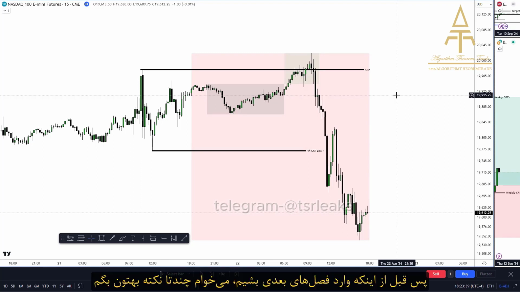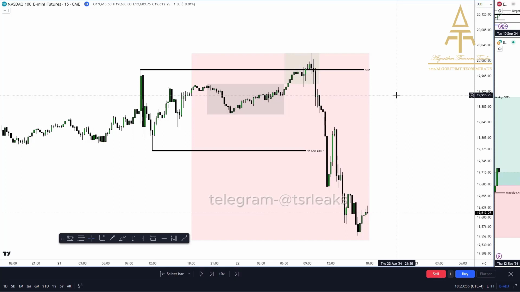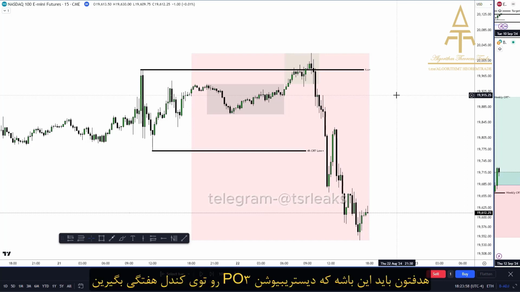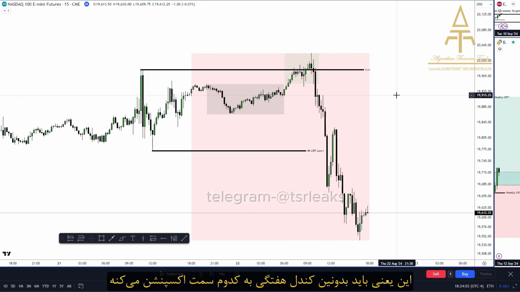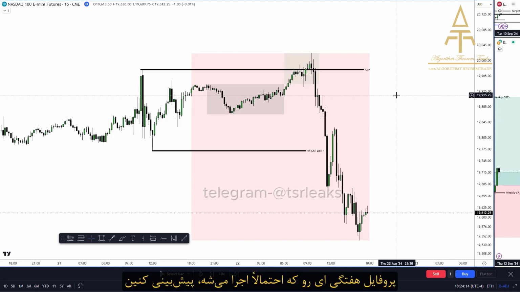So before we get into the next chapters, I want to leave you off with some tips here. At the beginning of every single week, you want to anticipate the next weekly candle. Where is it going to expand to? Right? You want to catch the distribution of the power of 3 within the weekly candle. This means you will want to know where the weekly candle will expand to. Try to anticipate the weekly profile that will play out.